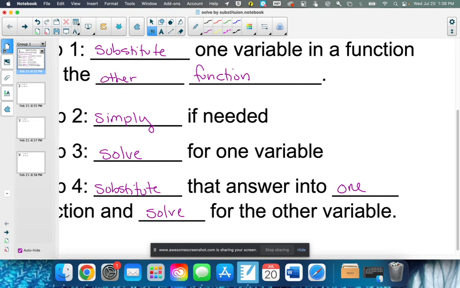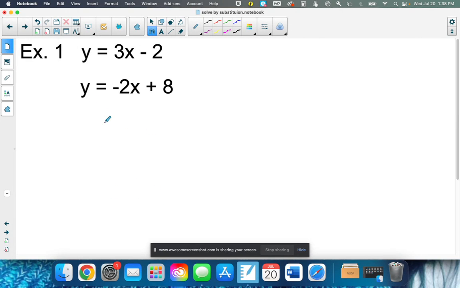All right, so example one. Okay, so step one, we are going to substitute. So we have to replace a variable in one function with the entire other function. Now, these are both in what we would call slope-intercept form. So there's something actually really neat that happens with these.